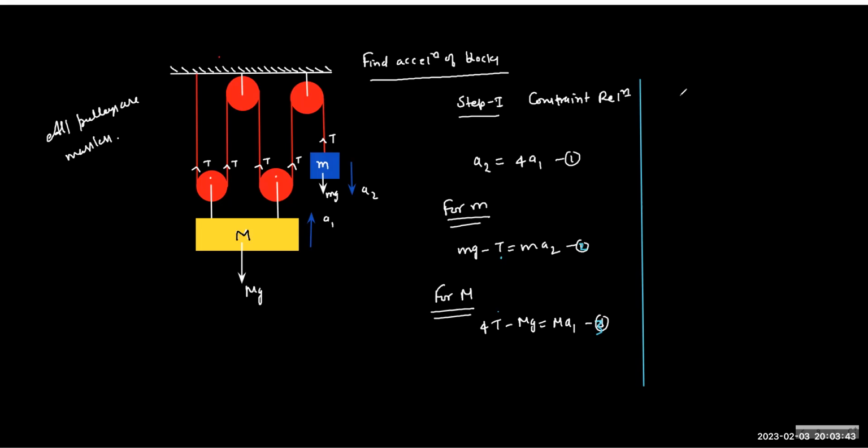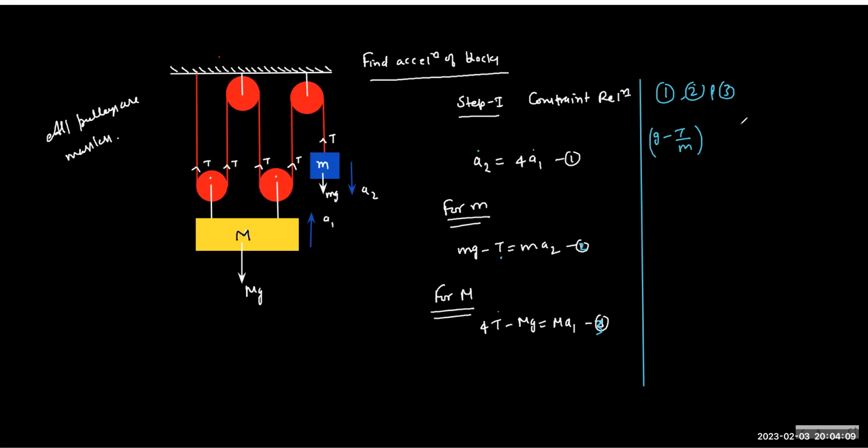A1 and A2 can be expressed in terms of tension, right? What can we write A2 as? A2 is actually g minus T by m. From 1, 2, and 3, all three together, I'm trying to substitute A2 and A1 from the remaining equations, 2 and 3. So A2 becomes g minus T by m.